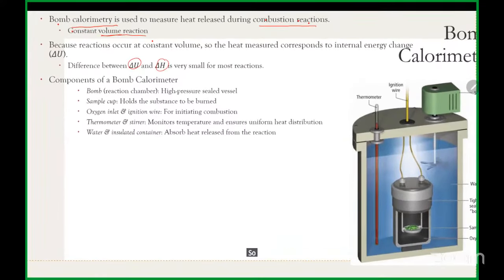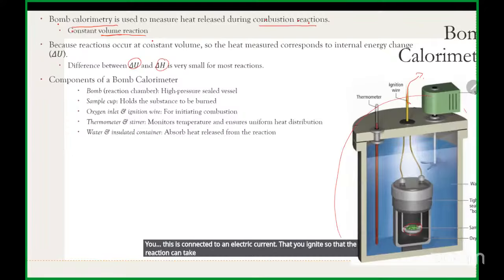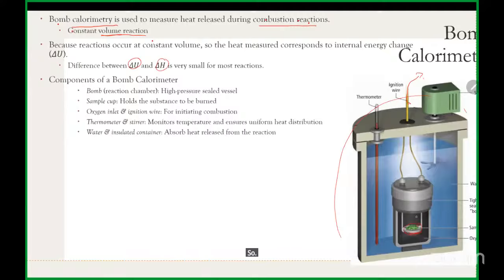So the whole thing is called the bomb calorimeter. You have your sample system here. This is connected to an electric current that you ignite so that the reaction can take place. Your system is inside a sample cup. There's a place where you pass oxygen through it, so that you can determine the amount of oxygen being used up as well.